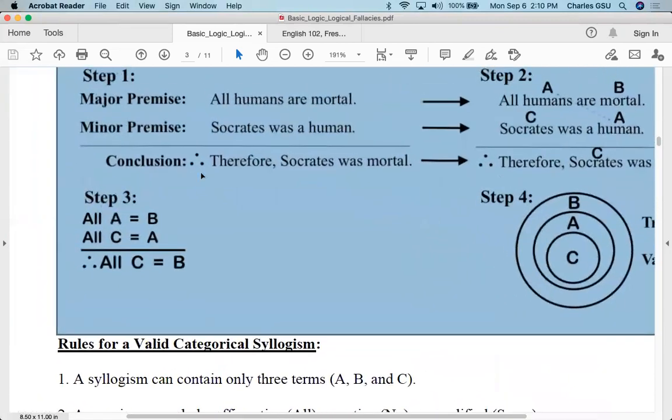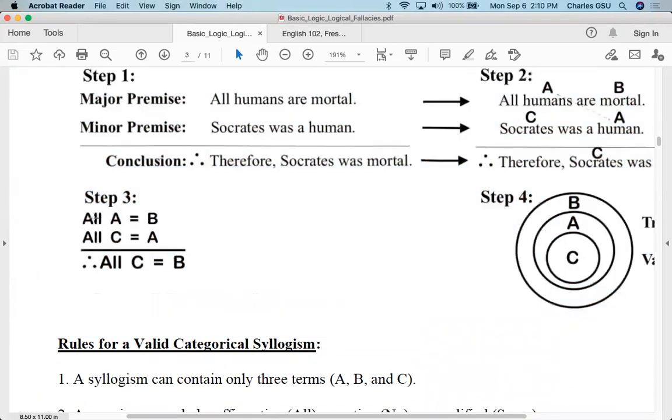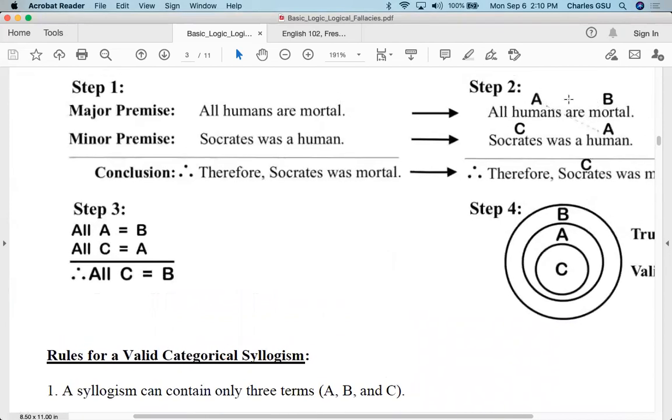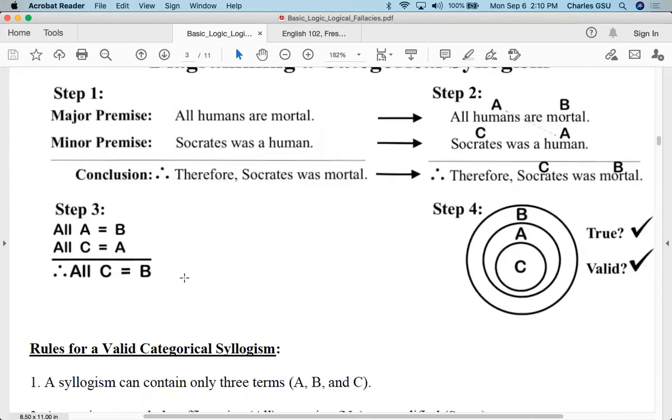The third step is almost like a mathematical kind of condensation or distillation of those terms. A over here is B, and then we say all A equals B, and likewise all C equals A, therefore all C equals B. And then step by step, slowly, you go in order. You say, okay, how do I show or represent all of the A's are or equal to or belong to B?